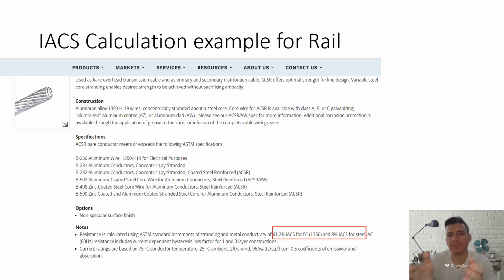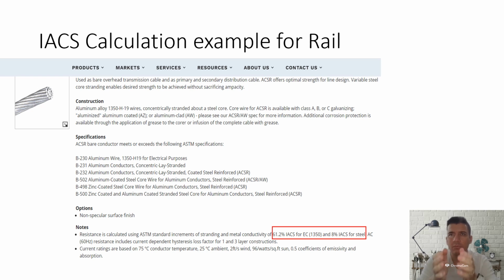I just found it on a website, to see its IACS value. As you see in the notes, they mention a 61.2% IACS value, International Annealed Copper Standard, and 8% for its steel part.